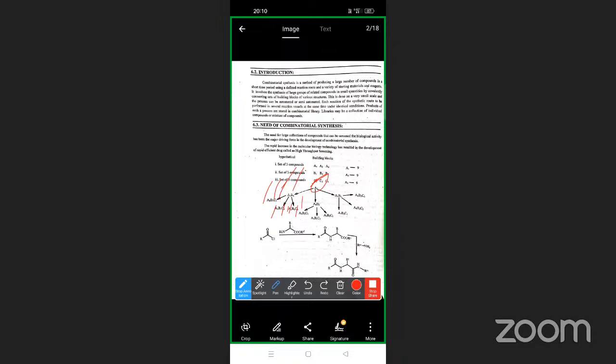The same thing is repeated here. Then add C1, C2, C3 to A1 B2. So A1 B2 C1, then you add C2 to this A1 B2, giving A1 B2 C2, then you add C3 to this A1 B2, then it becomes A1 B2 C3, right?